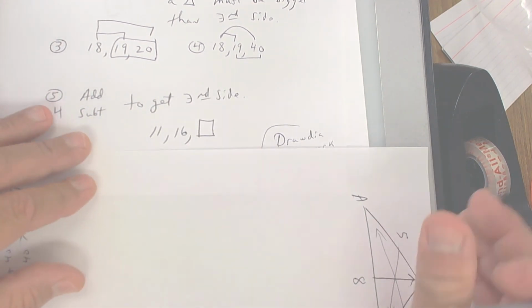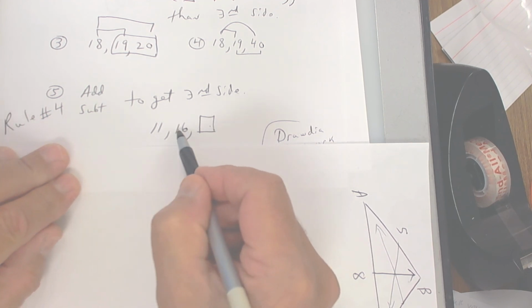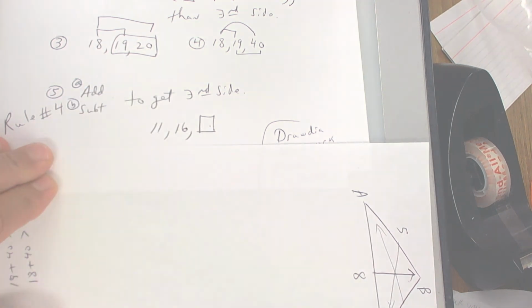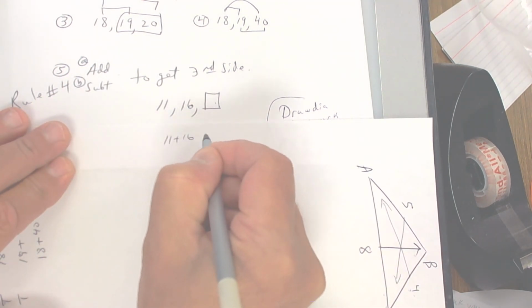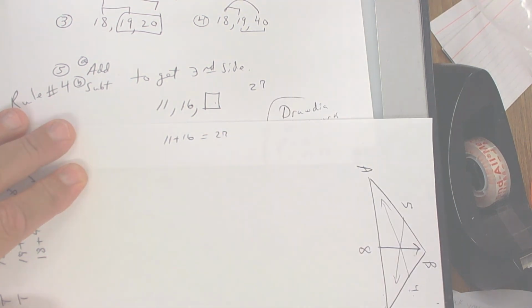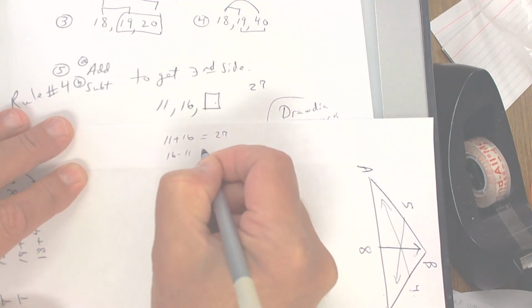Now, to get the range of the third side, you would add these up and subtract. So add and subtract. Copy that down. So when I add these up, 11 plus 16, I get 27. So 27 is a possibility. And when I subtract these, 16 minus 11, I get 5.